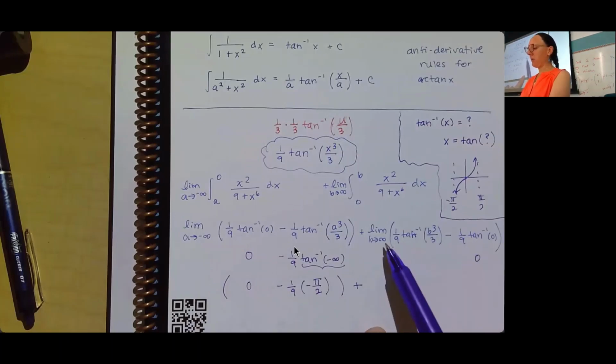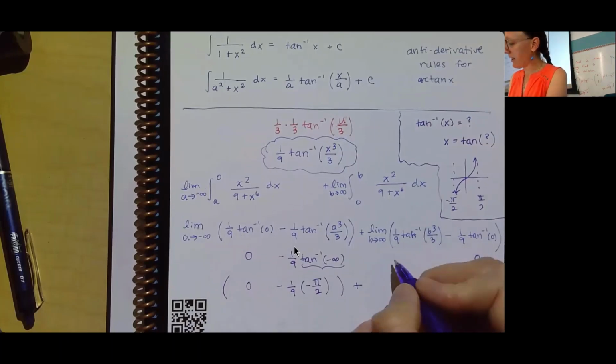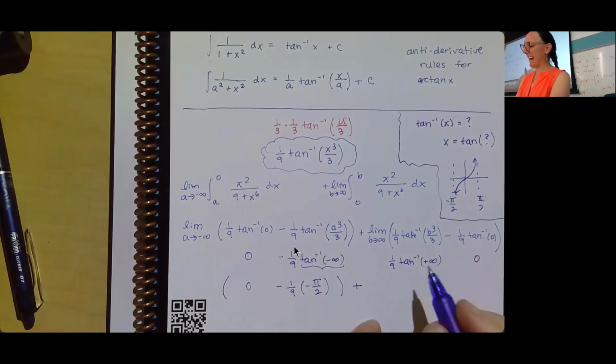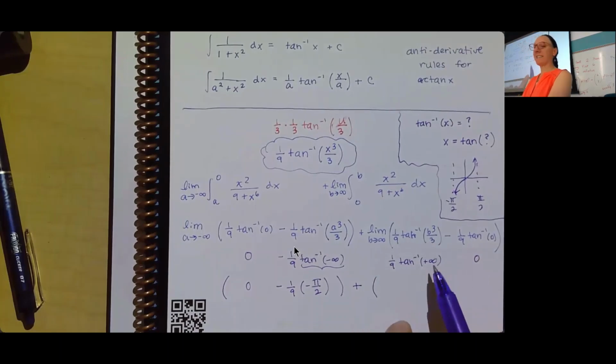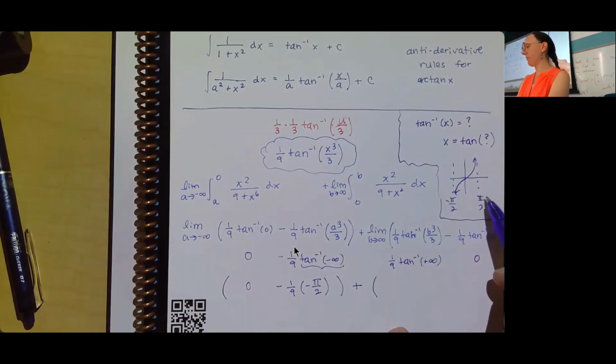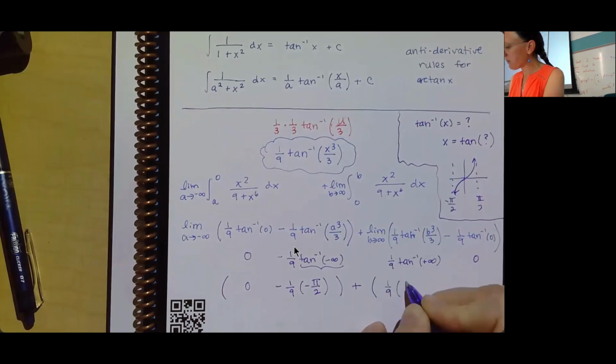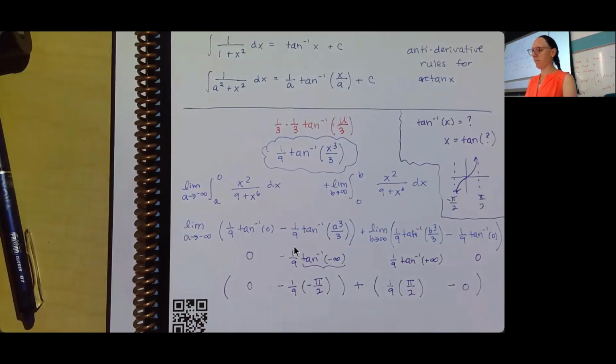Now over here, when I plug in positive infinity, I end up with 1/9 tan inverse of positive infinity, which is asking the question, what's the angle where tangent is headed to positive infinity? And the angle on that is pi over 2. So I'd have 1/9 times pi over 2 minus 0.